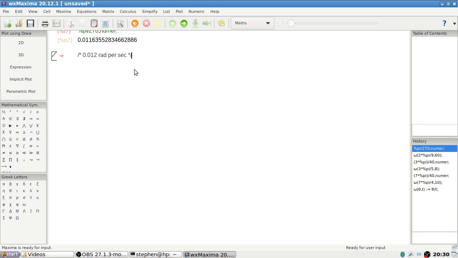Oh, that's kind of funny because I presumed they want the answer in per second because that's usually the unit for angular speed, like radians per second. So let's read the question again. It's weird.